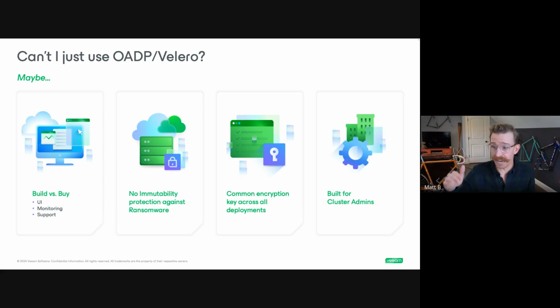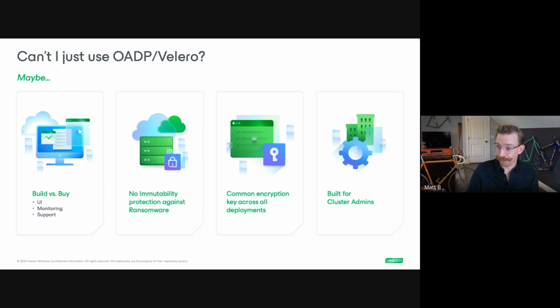Similarly, with that same attack vector, I've gained access to that S3 bucket where all of these are being exported to. Velero, and by extension OADP, use a common, well-known key for encryption of all of that data across every install and every cluster ever.